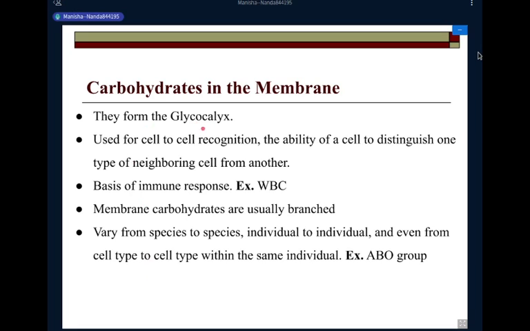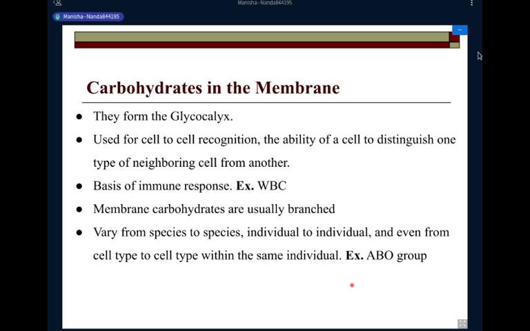Now, the pattern of glycosylation and the properties of this glycocalyx vary from species to species, individual to individual, and even from one cell type to another within the same individual. For example, you can see the blood groups. It is because of these membrane carbohydrates only. So different types of carbohydrates are present, and they impart different properties to the membrane.